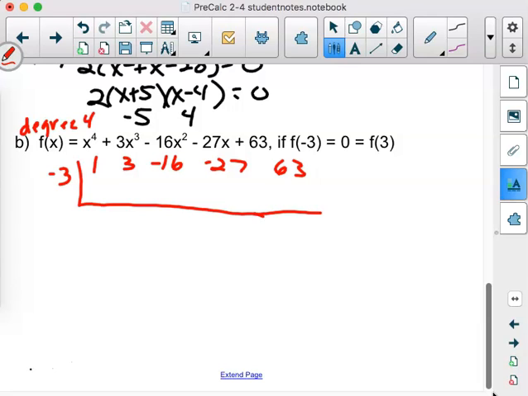And again, I'm going to give you a chance to go ahead and do the synthetic on that, and then I will call on somebody to tell me what they have as that last line.